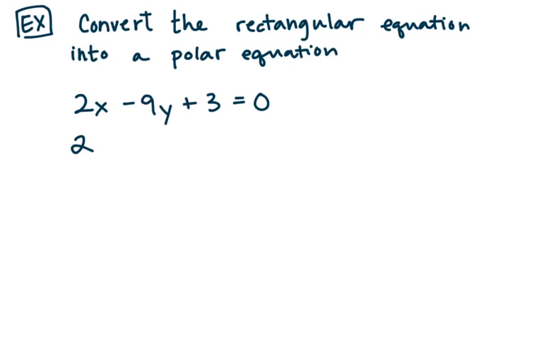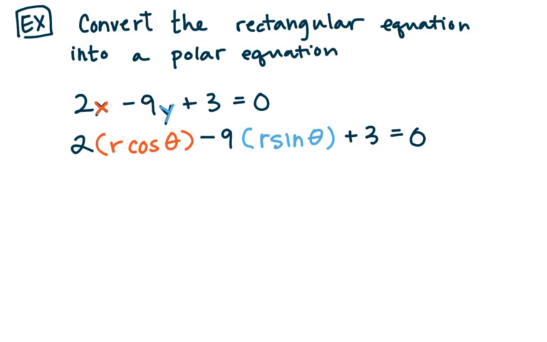We already know this. X is r cosine theta. How about y? What is y in terms of r and theta? That's r sine theta. So then we have plus 3 equals 0.